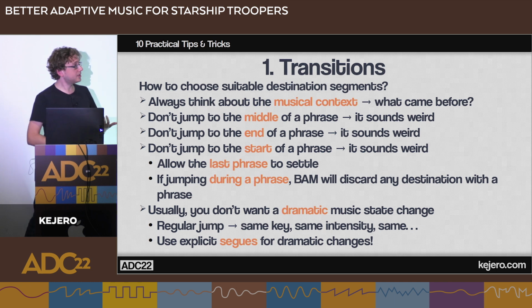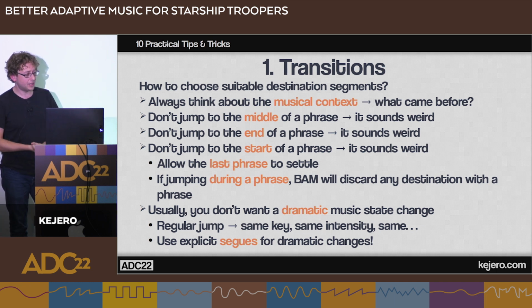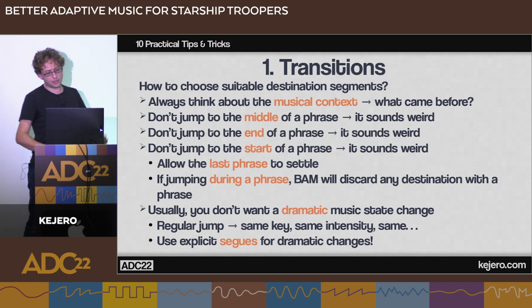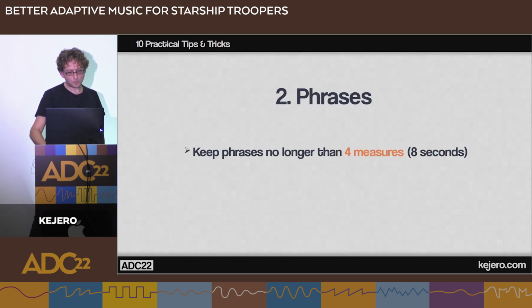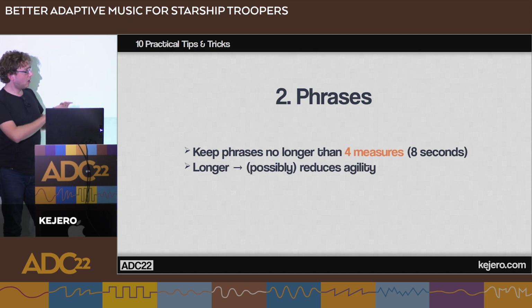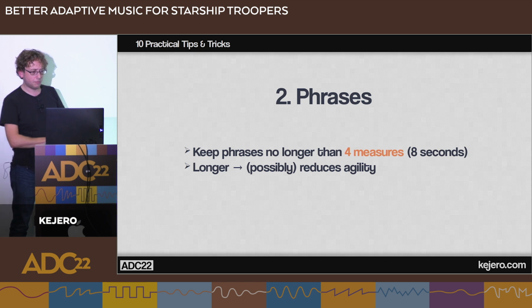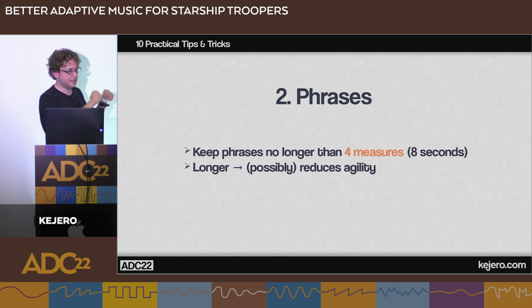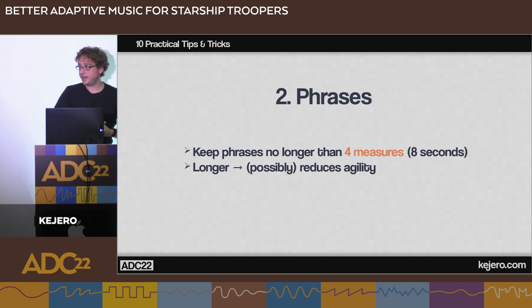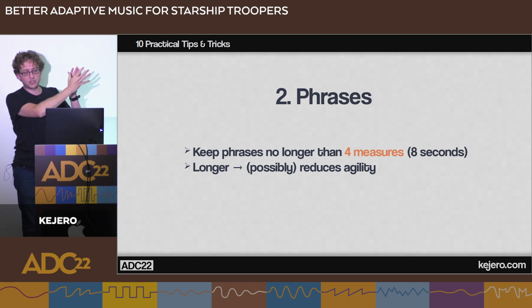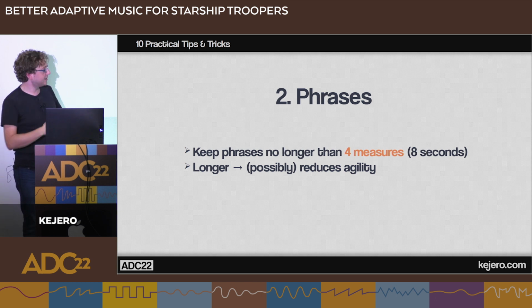If you do want a dramatic change in the music, that's typically where I will be using segues. I make my phrases about 4 measures in length. If you make them longer, you reduce the agility. If you imagine 6 measures that are all in D minor, that means that if we jump during the first measure, BAM now has to find a section of 5 measures in D minor without any phrase in the destination cue.